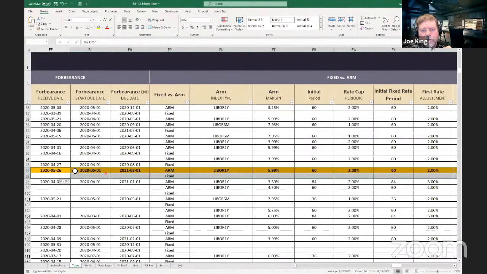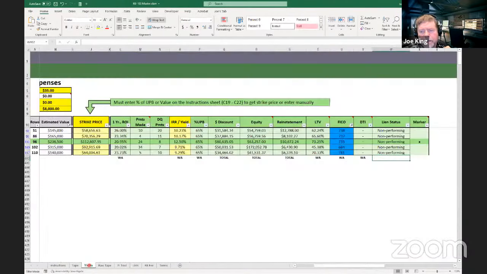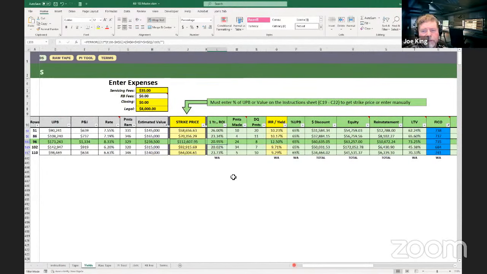Now, one of the things I would do is come back to my yield section and go, okay, based on my 65%, I'm at a yield of 12.5%. My 1 year out is at 20.95%. That 20.95% is if I sold this note after seasoning it for 1 year, that's basically where I'm at.